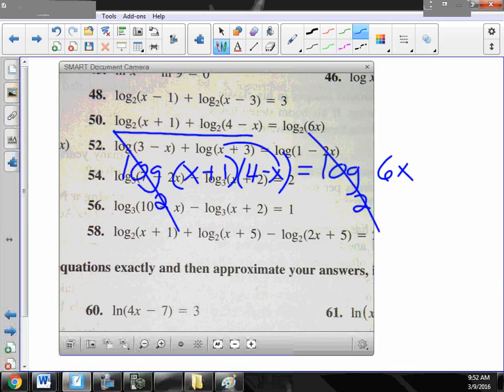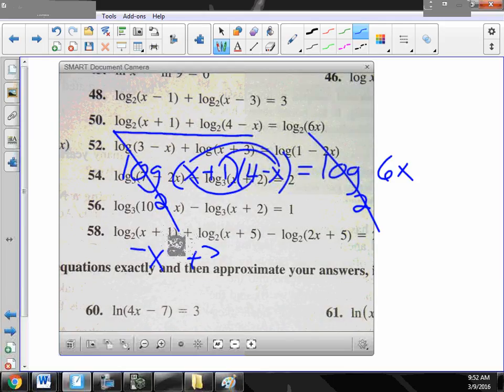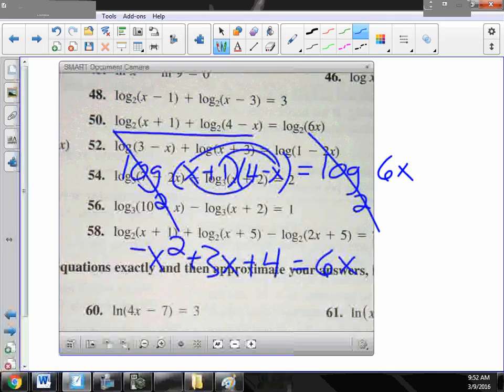And this is going to give me negative x squared minus 1 plus 4. So plus 3x plus 4 equals 6x. So I'm going to move everything over to the right. X squared minus 9x.